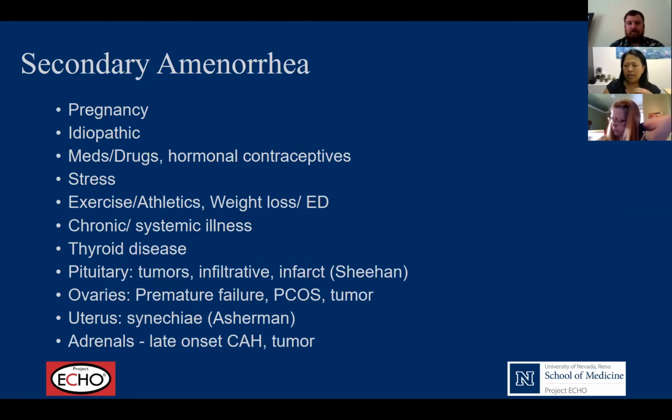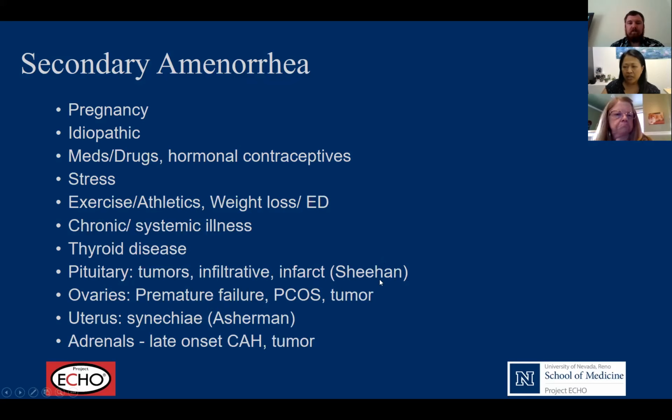All right, secondary amenorrhea, the differential is very similar with the exception for sort of organ abnormalities, okay? So it could be all those things. I think the only exception is in regards to the pituitary. If they give you a history that they've actually been pregnant in the past, you can actually get an infarct of the pituitary and then they lose their periods, okay?